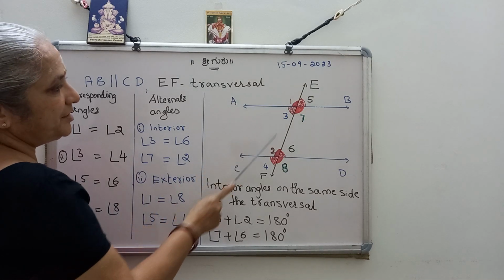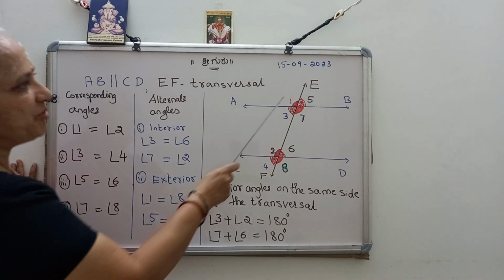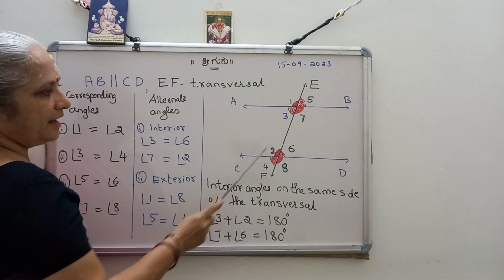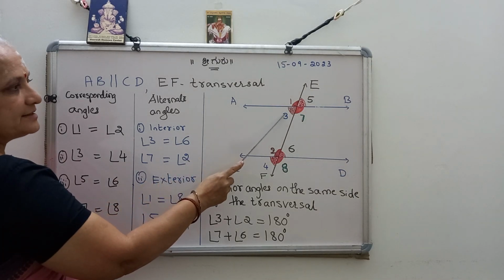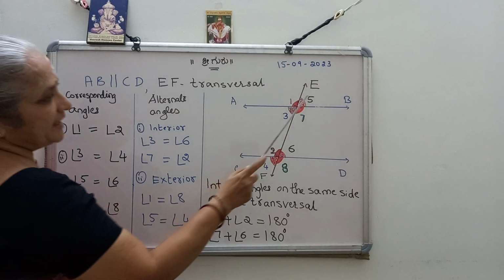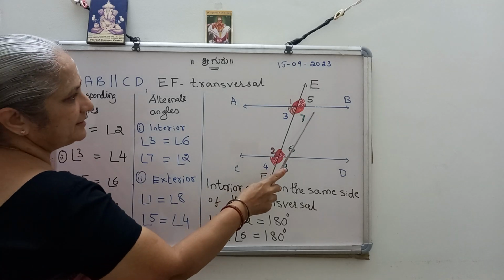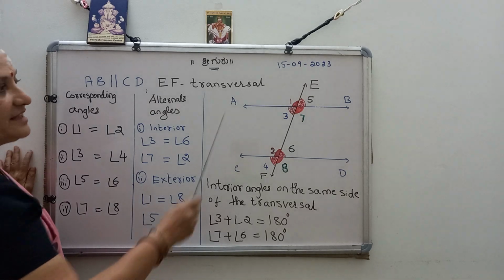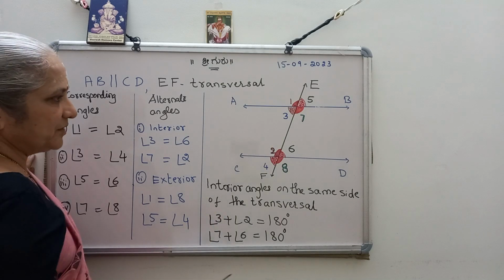Here 1 and 2 are called corresponding angles, a pair of corresponding angles, and they are equal. 3 and 4, a pair of angles 3 and 4, and they are equal. Pair of corresponding angles 5 and 6 are equal. Pair of corresponding angles 7 and 8, they are equal. So remember these angles, pair of corresponding angles are equal.